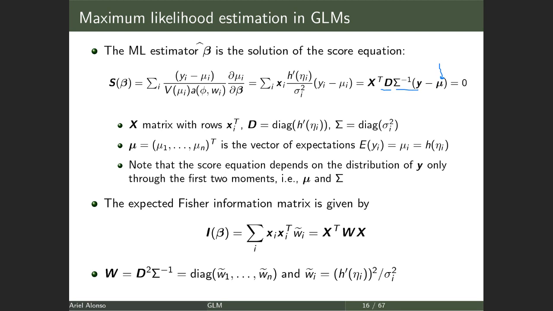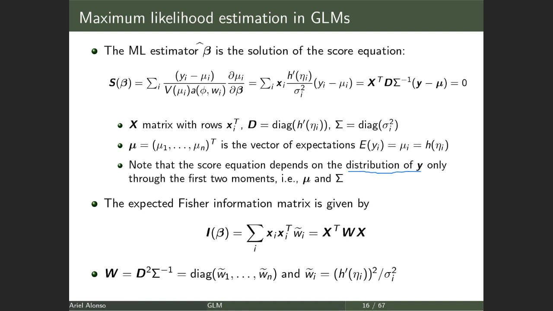So as I said before, this mu is just the vector of means, the vector of expectations. So mu i is equal to the response function evaluated in the linear predictors. Now, you will see that the score function, as I already mentioned, depends on the distribution of y only through the first two moments.